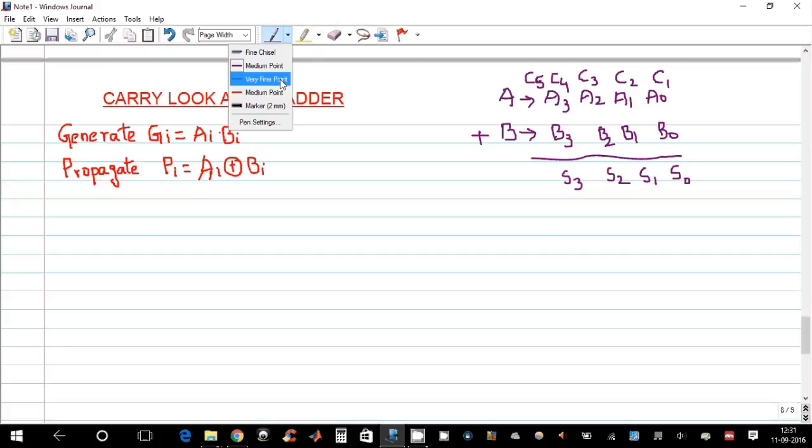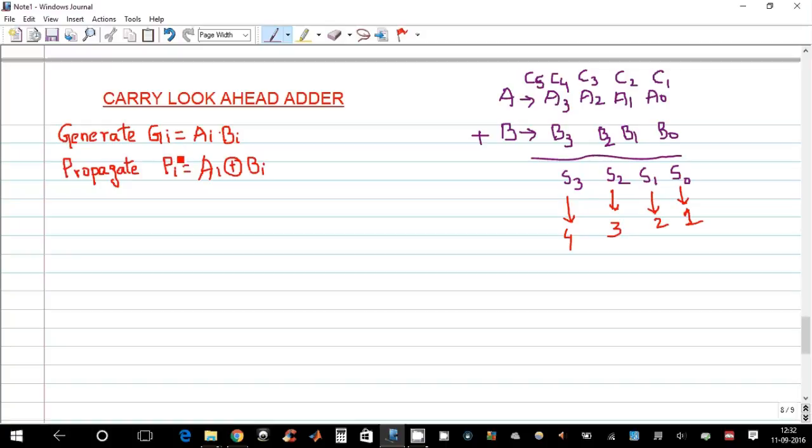Since we are comparing everything in terms of full adder delays, let's call this stage 1, this stage 2, this stage 3, and this stage 4. Now for stage i, we will directly generate the general value of sum and carry, where i is the stage number.